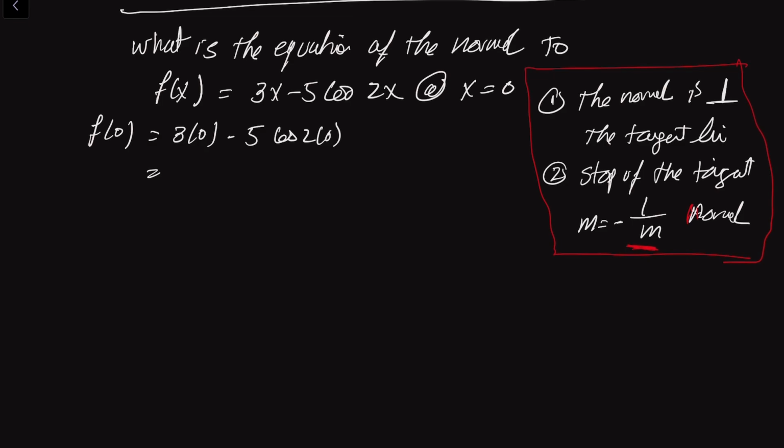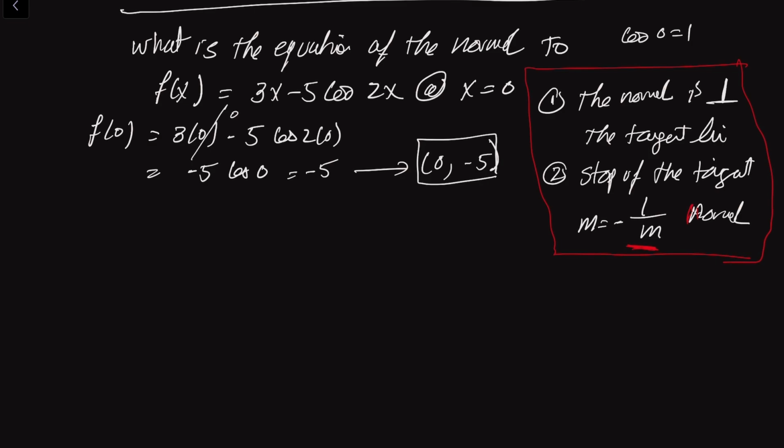So this will be 0 minus 5 cosine 0. So what's cosine 0? It equals 1. So it will be equal to negative 5. So the point here, when x is 0, y is negative 5. All right, so this is my point.